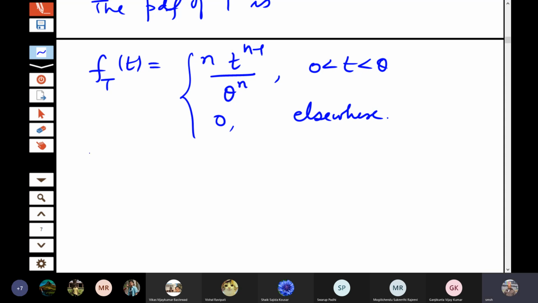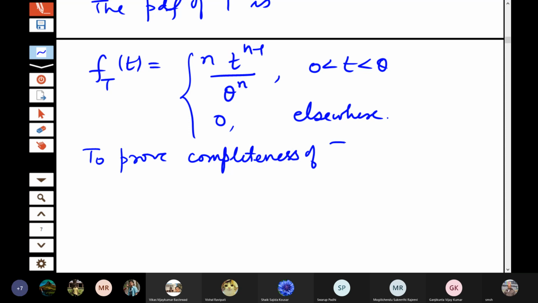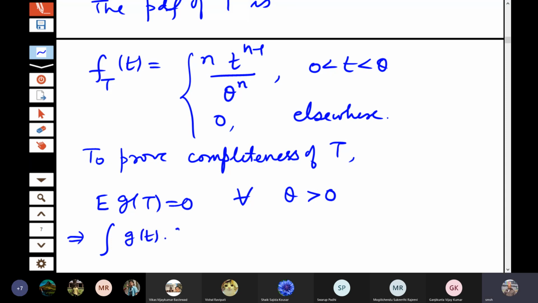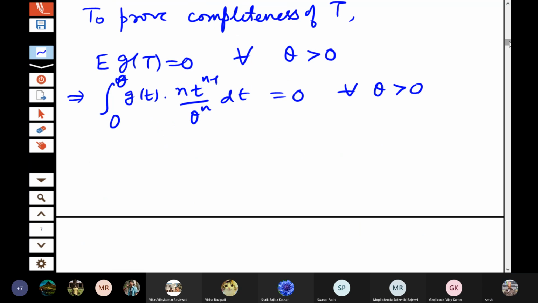So if I want to consider completeness, I should consider expectation of g(T) equal to 0 for all theta, which reduces to the condition that the integral of g(t) into n t to the power n minus 1 by theta to the power n dt from 0 to theta is equal to 0 for all theta positive. Once again, this part I can remove.